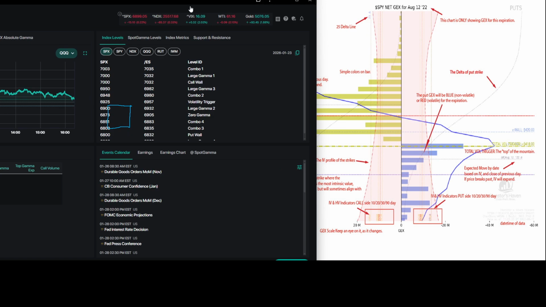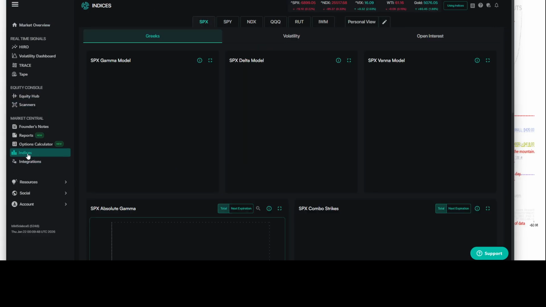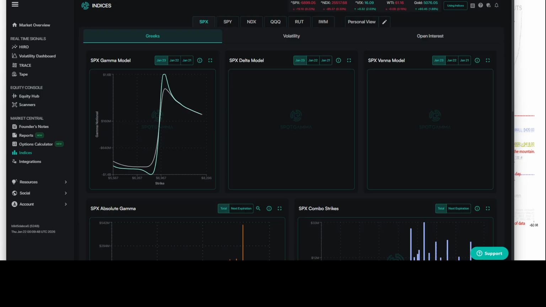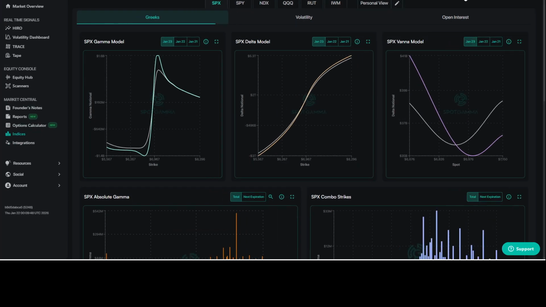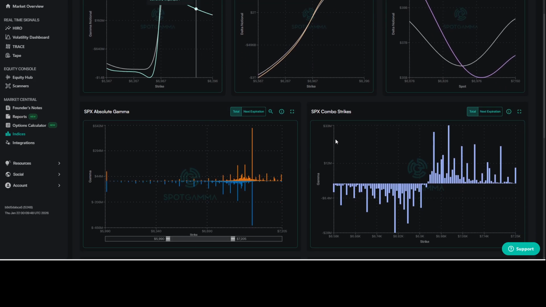Okay, let me show you in SpotGamma here. For example, when we go here to the index, and you see here the SPX, and go here to combos, see here, SPX combo driver. This combo is in the same position.